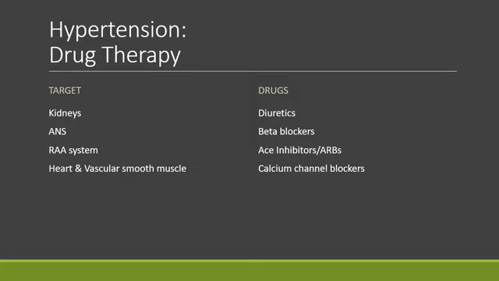We can look at our beta blockers to help combat the excessive sympathetic upregulation. We can utilize our ACE inhibitors or angiotensin receptor blockers to help deal with the renin-angiotensin-aldosterone system effects, specifically the angiotensin component. And then we can also look at the heart and vascular smooth muscle, and the drugs that impact those, specifically in terms of the contractility, would be our calcium channel blockers.